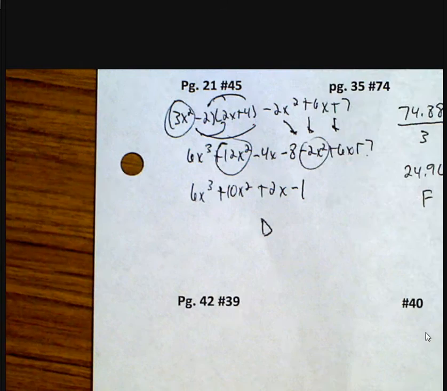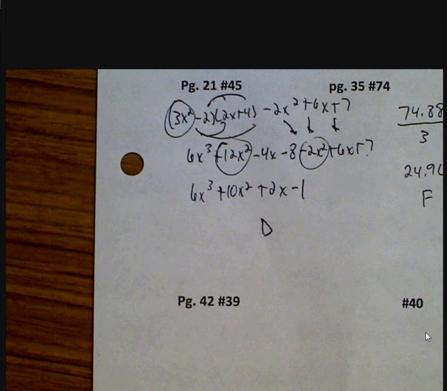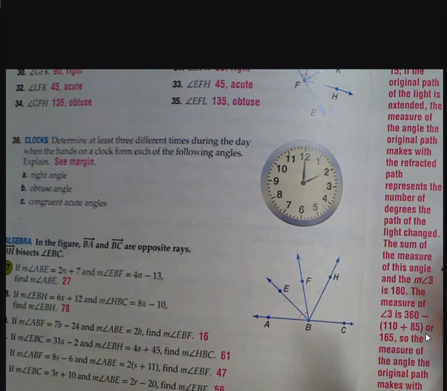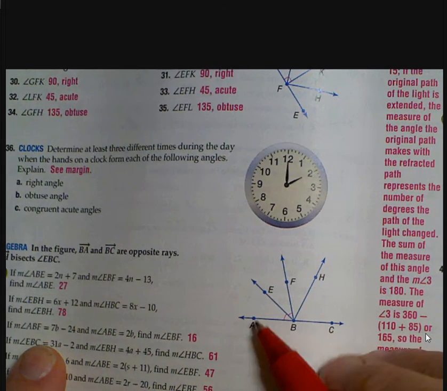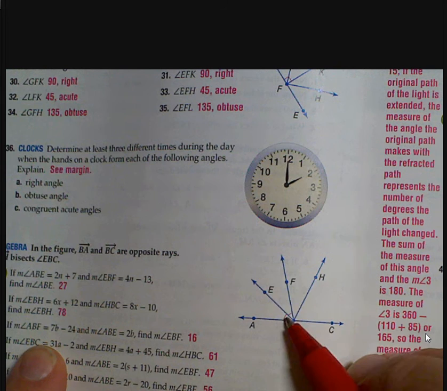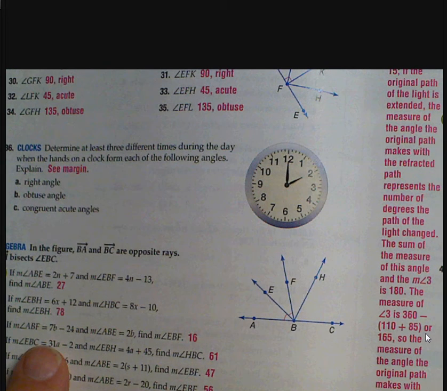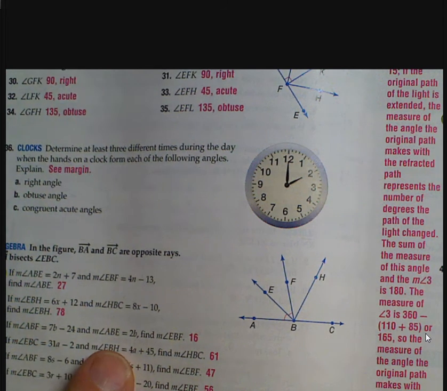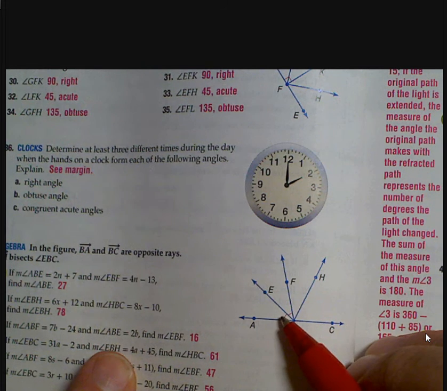Page 42, number 39. Okay, here's my figure. ABF is 7b minus 24. ABE is 2b.